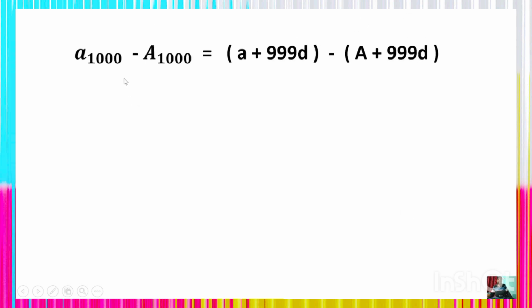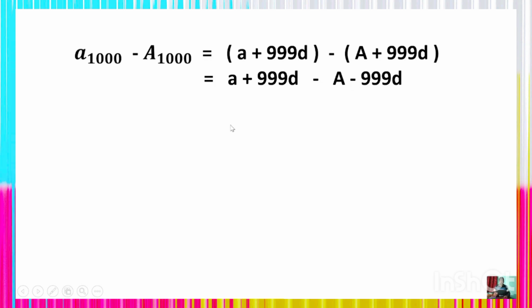Understand? Let's find the difference. So a1000 minus capital A1000, the difference between the 1000th terms, is equal to (a plus 999d) minus (capital A plus 999d). After removing the bracket it will be a plus 999d minus capital A minus 999d.